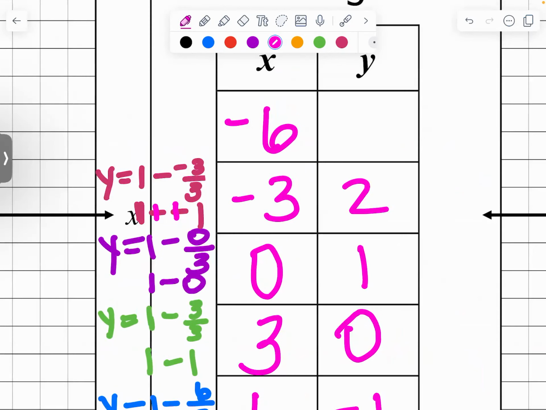Okay. So when we plug in -6, we get 1 minus -2.